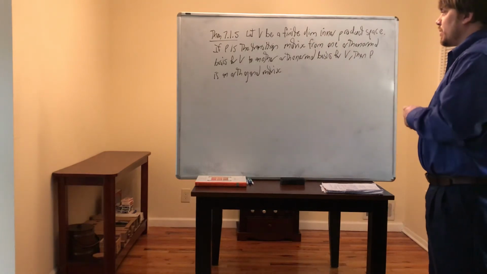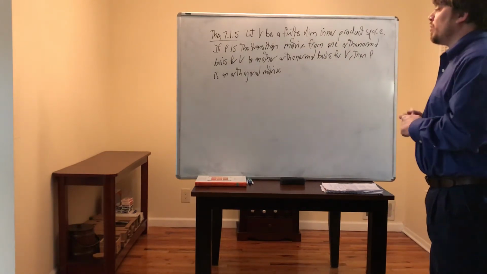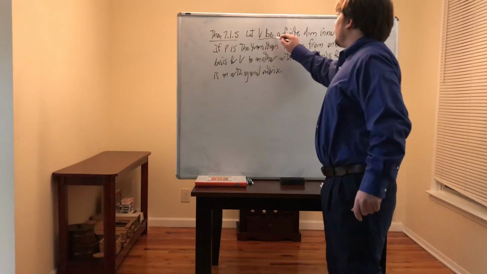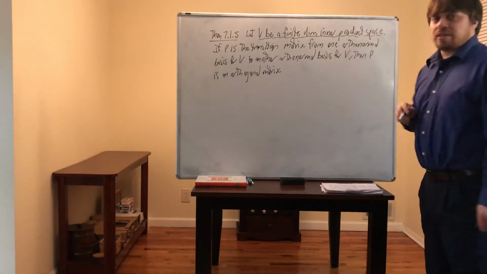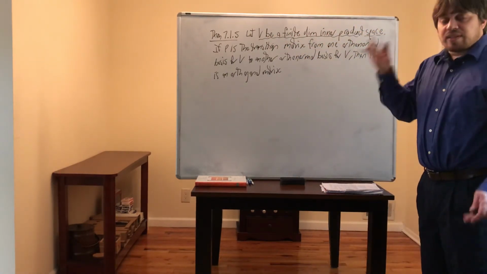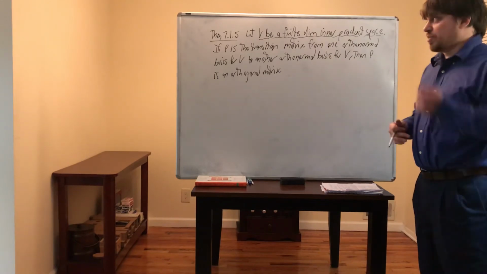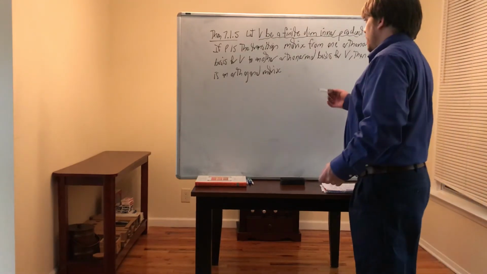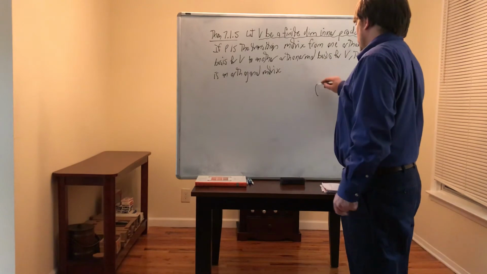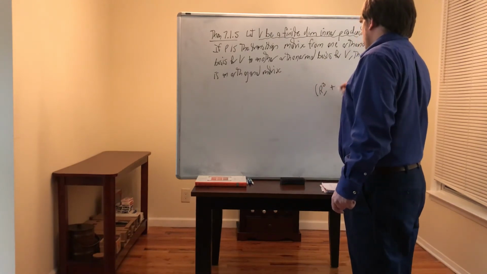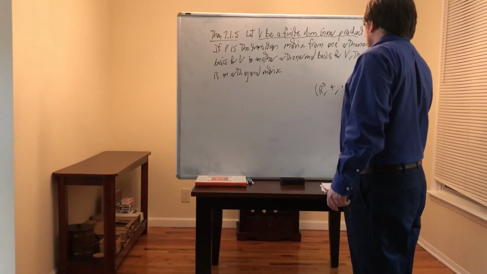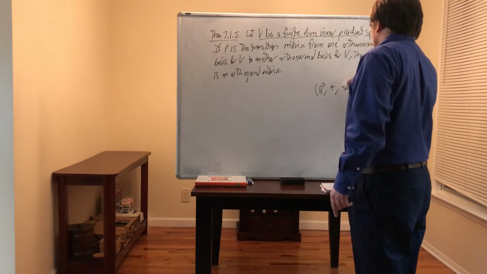Okay, so just going over some things, right? If V is a finite dimensional inner product space, that sentence is kind of a summary of a lot of things we've already done. An example of a finite dimensional inner product space would be R3, comma, plus, comma, standard scalar multiplication.